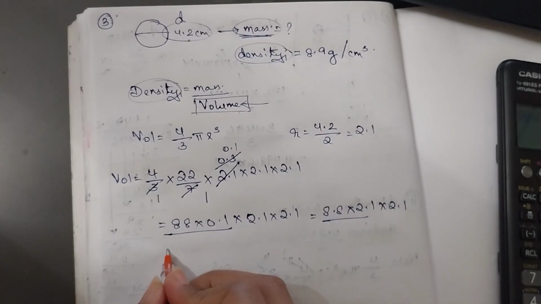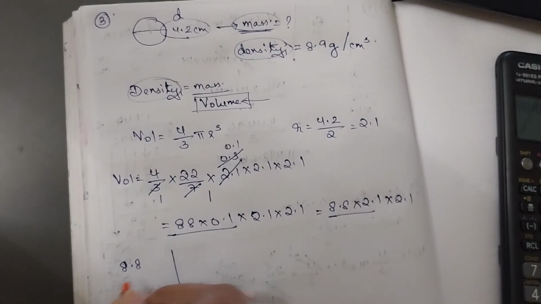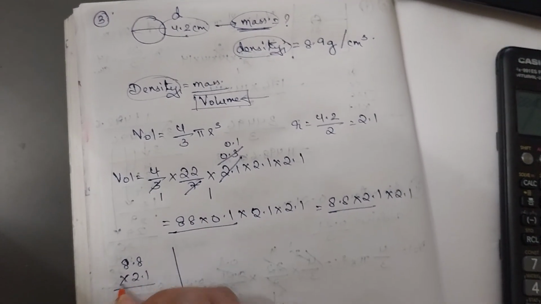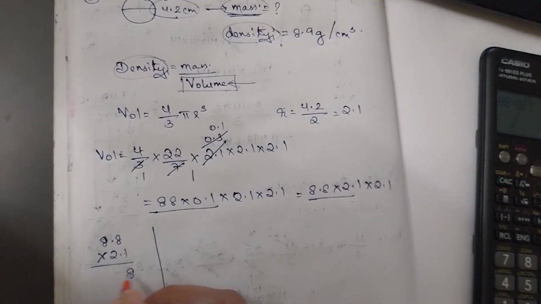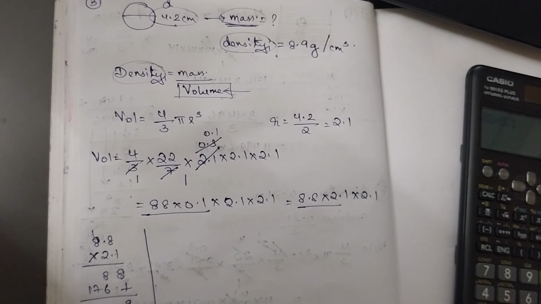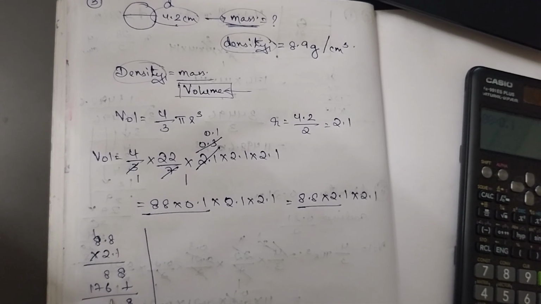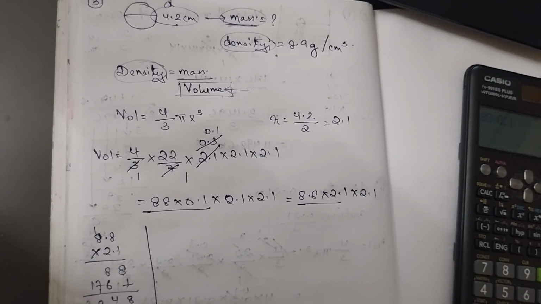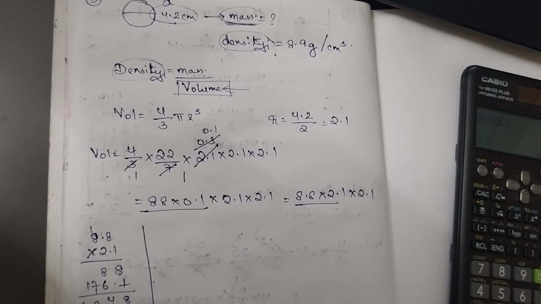Let's do this now. 8.8 times 2.1. 8 and 8, 16, 176. This becomes 8 and 1. 2 decimal places. So it is this.